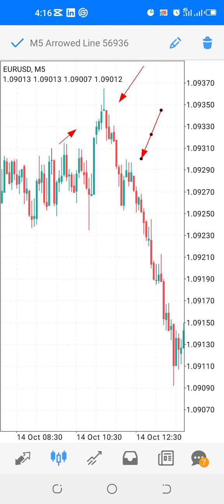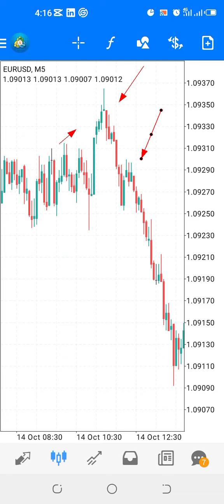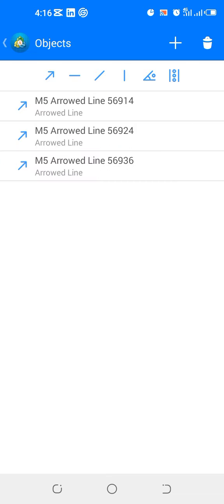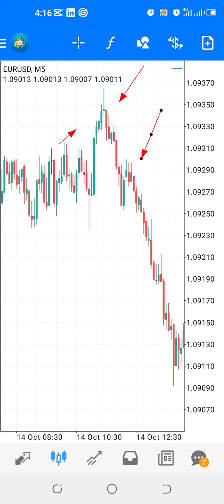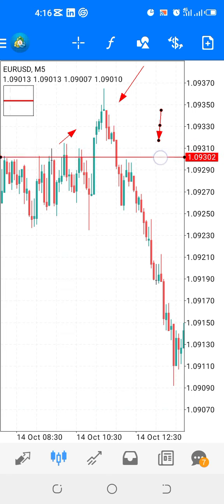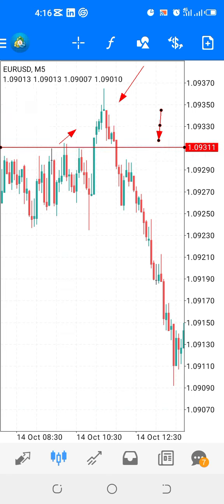So what we do in this case, we connect the neckline, which is either up or down sloping. We can take a horizontal line, for example, and connect the neckline. In this case, this is the neckline. The neckline touches the two shoulders. The moment price breaks below the neckline, we enter the trade.